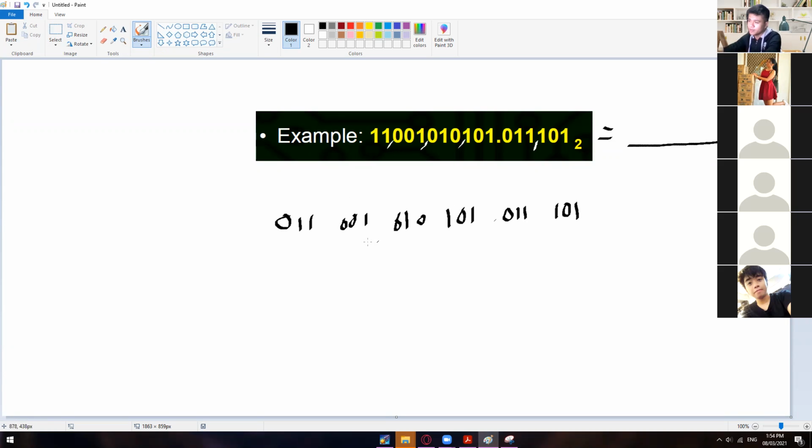All right, so from here, you can already convert this one into octal. So 101 is 5, 011 is 3, 101 is 5, 010 is 2, 001 is 1, 011 is 3. So your final answer is 3125.35, base 8, right?